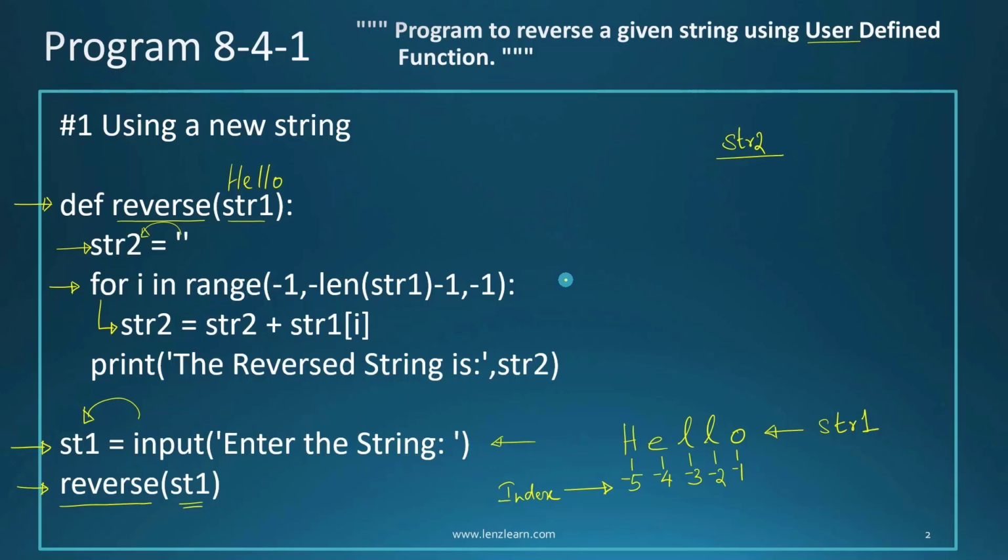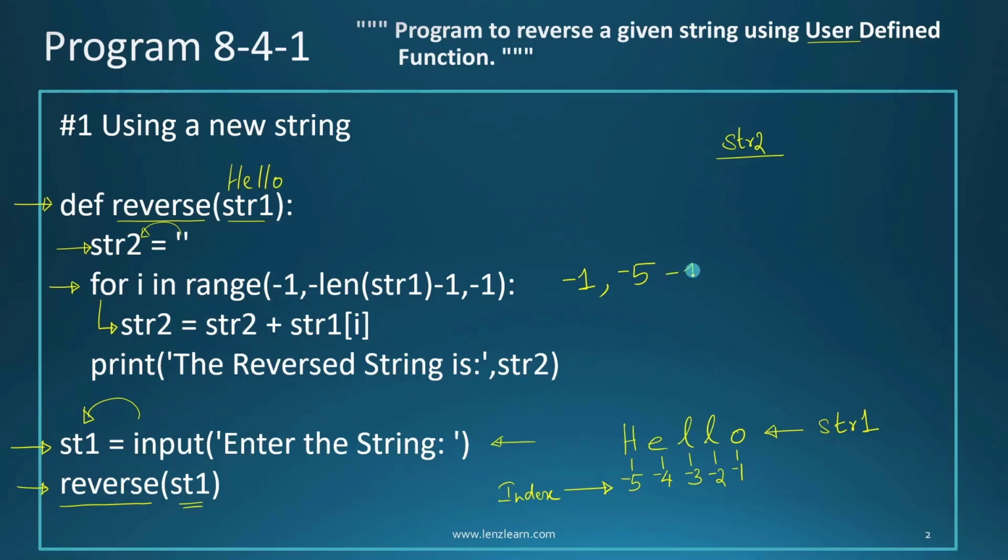Now let us see this range operator. It starts at -1 and goes up till minus len of str1. What is the length of str1? Hello has 5 characters, so the len is 5, and minus len is -5.